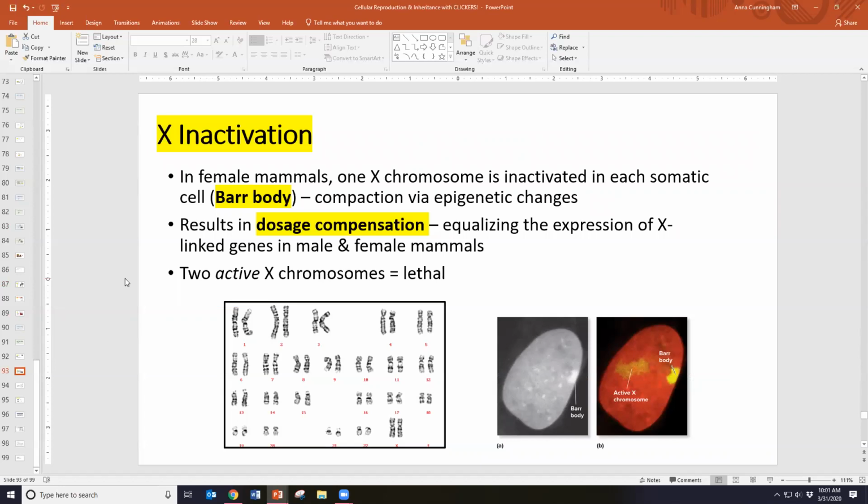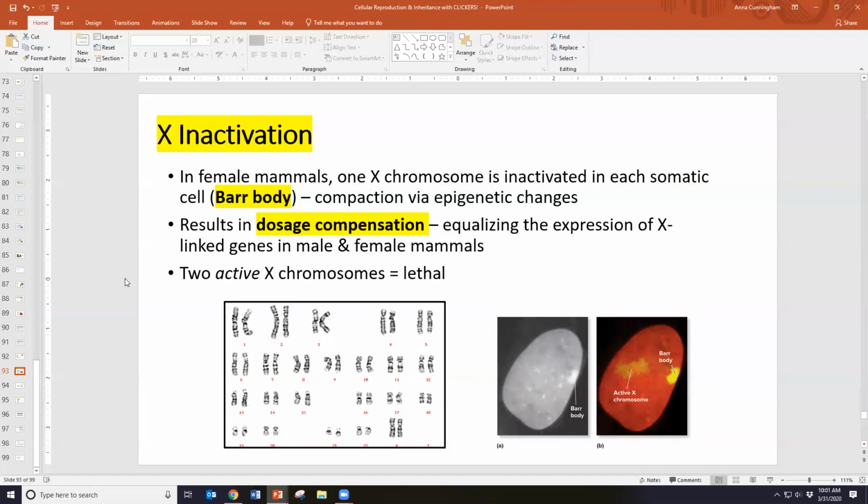Remember that in human cells, we have 23 pairs of chromosomes. 22 of these are called autosomes, meaning they are non-sex chromosomes. But the 23rd pair are sex chromosomes. So females have 2 X chromosomes, males have 1 X chromosome and 1 Y chromosome.